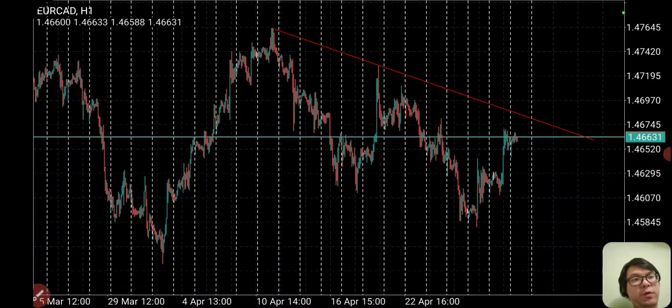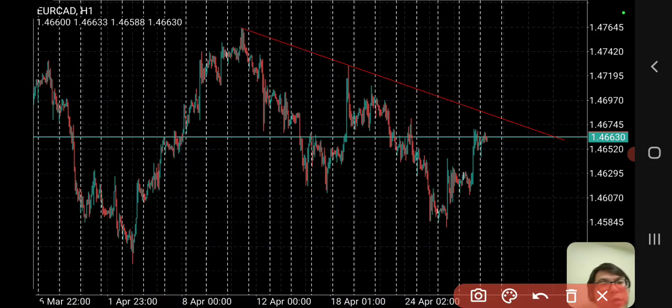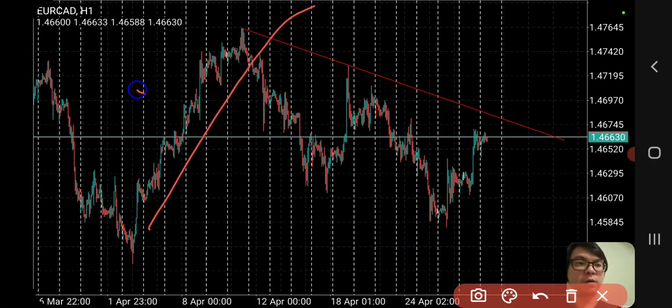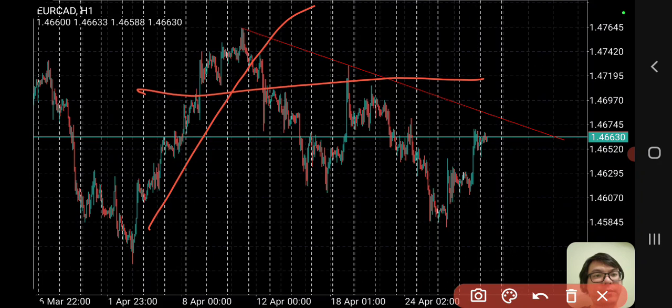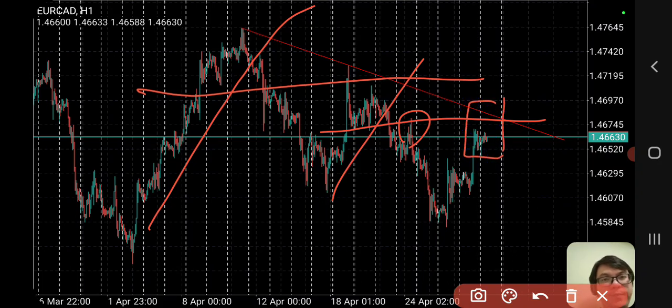Okay, Euro Cat. This one could have the trade where there's a trend line resistance, rejected once, but we haven't seen any rejection twice right here.